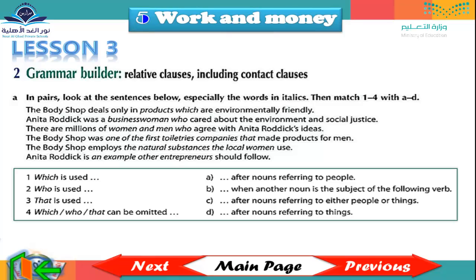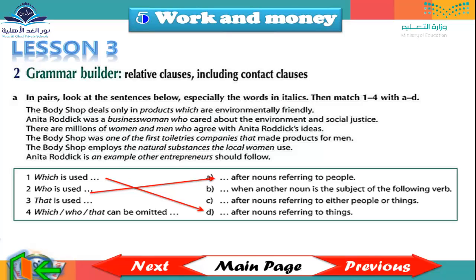The first one, which, is used for what? Here, which is used after nouns referring to things. It's D. Who is used after nouns referring to people. 3.